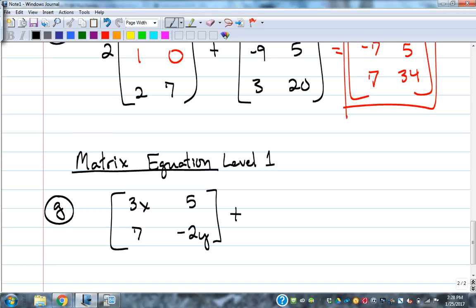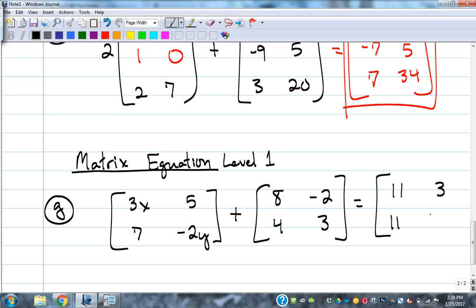So what size does the next one have to be? 2 by 2, 8, negative 2, 4, 3. And when I add those two, I should get what size back? 2 by 2. Well, they're going to give me some information that says this is what it should add up to be. And they're going to say find x and y.